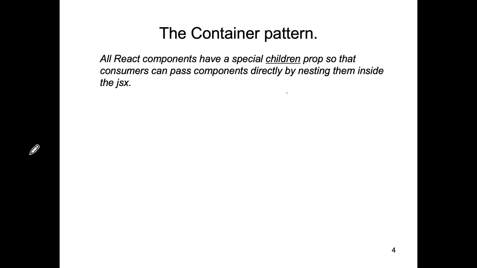So if you've got a React component, and a consumer is just another component that's using your React component, the consumer can pass children to it by just nesting them within the React component's JSX.